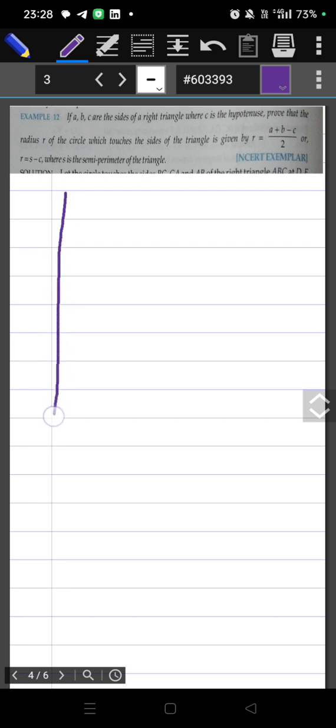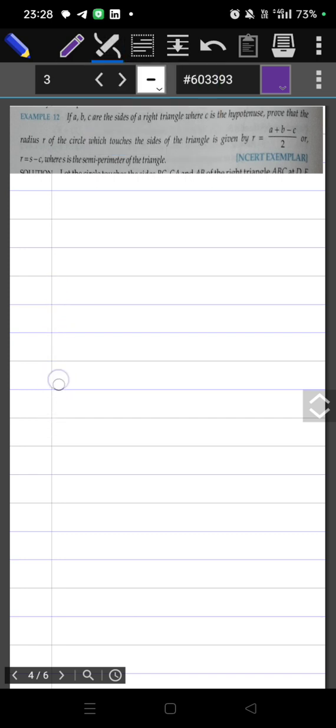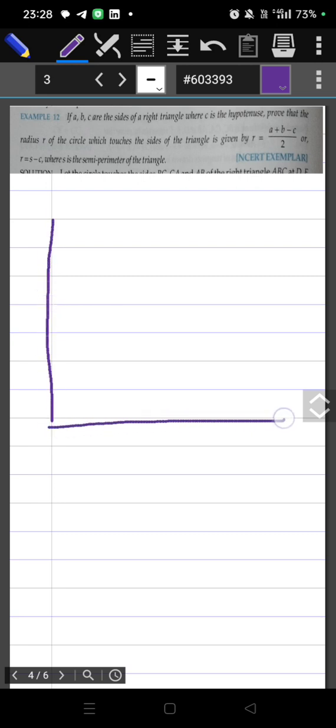So, at first, let me draw a triangle, which is right angle. It is already mentioned.